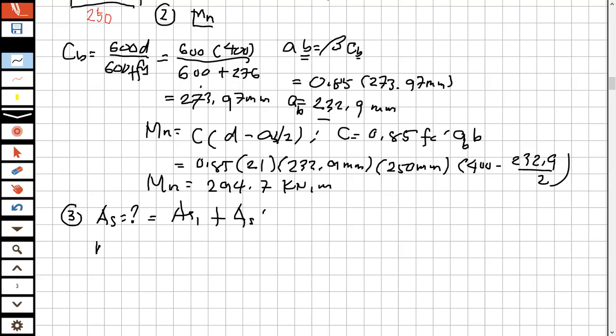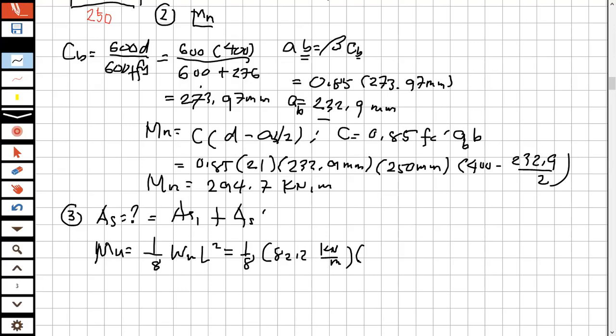So, first, we compute MU. May W na tayo kanina. Knowing that this is simply supported beam, formula is 1 over 8 WU L squared. So this is 1 over 8. Ano yung WU na compute natin kanina is 82.2 kilonewton per meter.